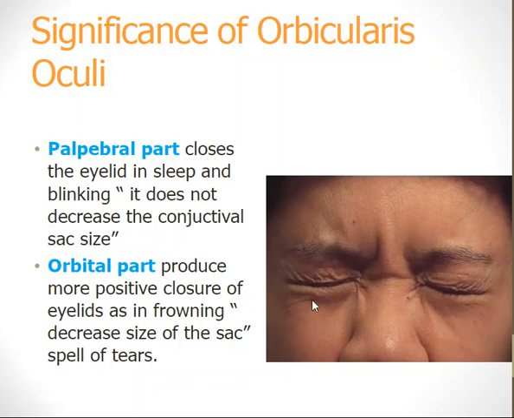In fact, contraction of the orbital part of the orbicularis oculi muscle decreases the volume of the conjunctival sac and eventually spills out the tears present in front of the eyeball. So the film of tears might be spilled out during contraction of the orbital part of the orbicularis oculi muscle.